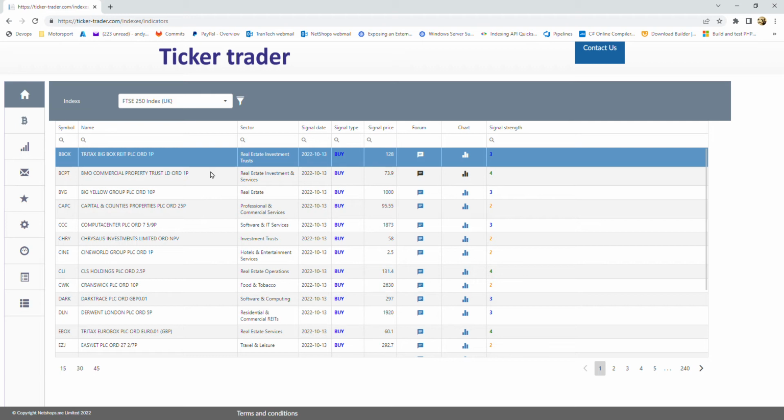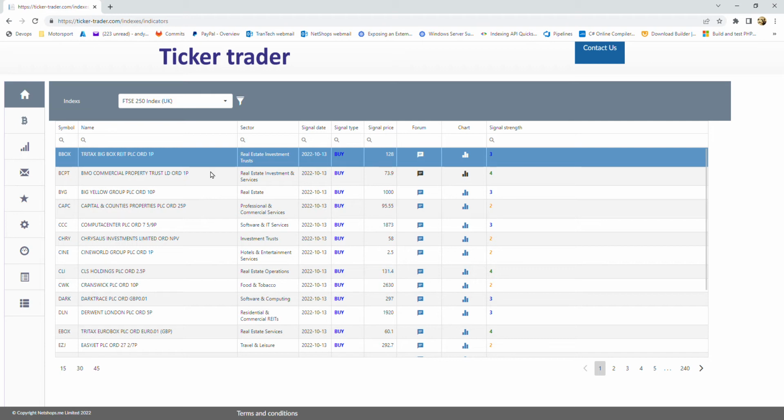And if we look at the 3 again at the top row, we've got Tritax Big Box REIT PLC, and we have a signal strength of 3. So we have 3 buy indicators that triggered on the 13th of October to say that that stock, Real Estate Investment Trust, is a buy. I'll explain that to you in a minute how that works.